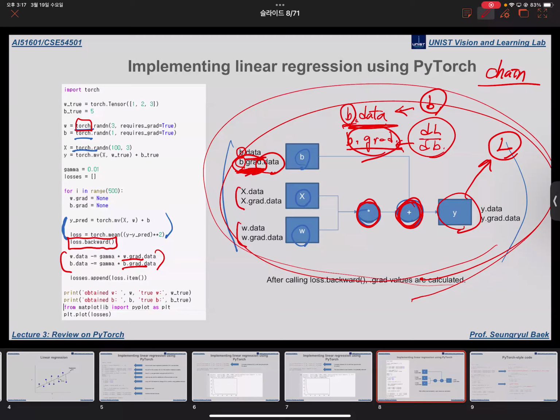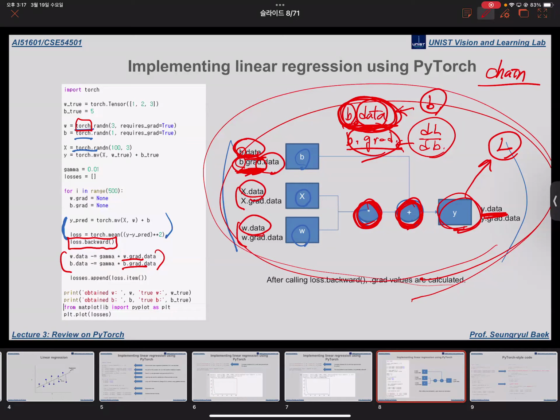Okay, so in the forward rule, you can think some of the variable data instances are calculated by applying this kind of operator. So y.data is calculated from this b.data, x.data, w.data. Okay, that's the forward rule.